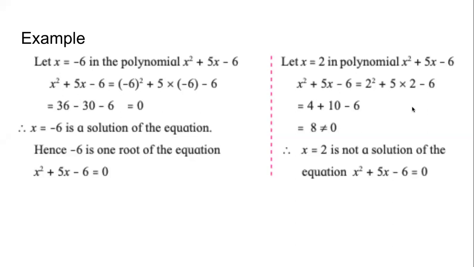If instead we try the value of 2 for x, 2 square is 4, 5 into 2 is 10, 10 plus 4 is 14, 14 minus 6 is 8, 8 is not 0. That means x equals to 2 is not a root, x equals to 2 is not a solution of the equation.